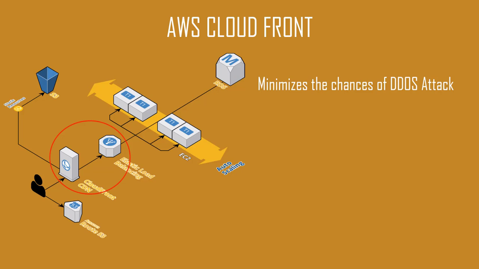So the source server is never impacted. By using CloudFront, it's not just the files that are distributed, but also the attack surface is distributed worldwide. If you do not use a CDN, you can imagine what's going to happen. The DDoS attack will be targeted towards that individual web server.